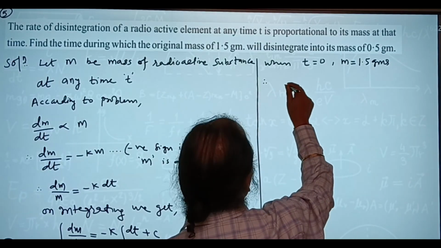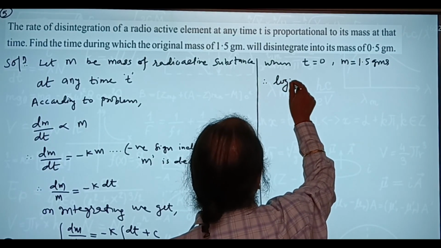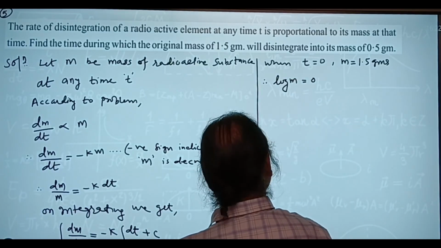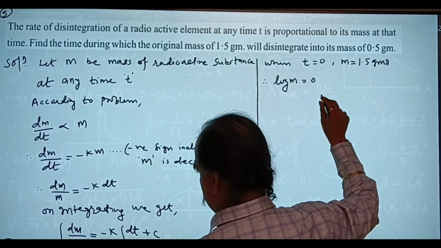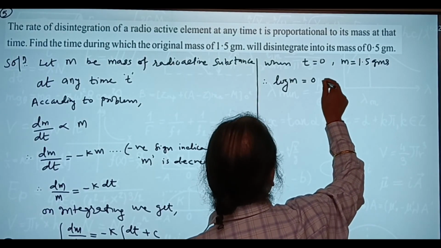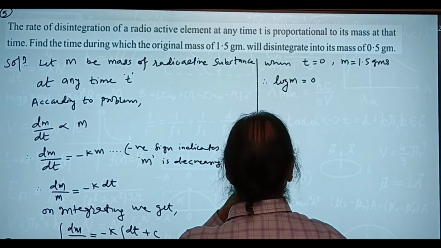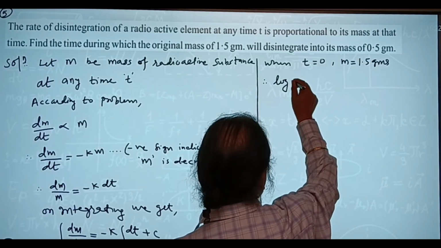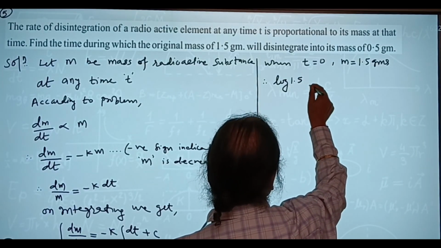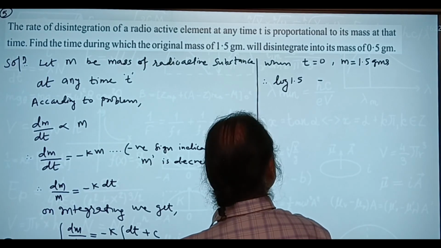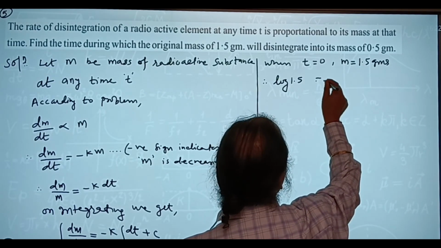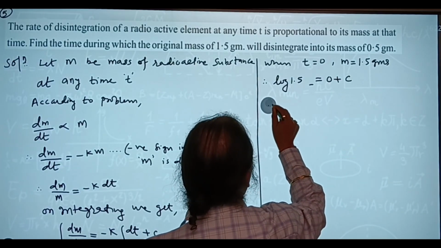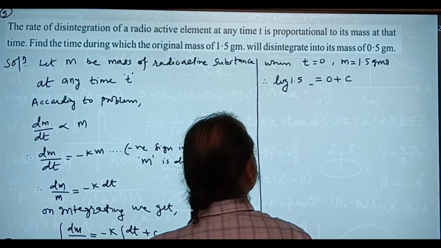Therefore, log of m is 0 minus log 1.5. So C is what?